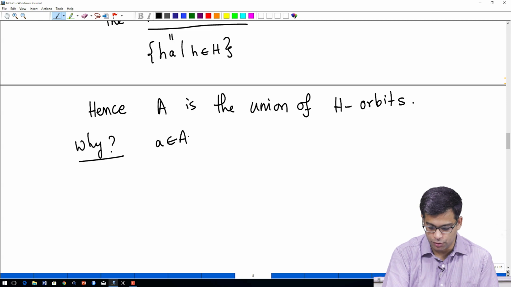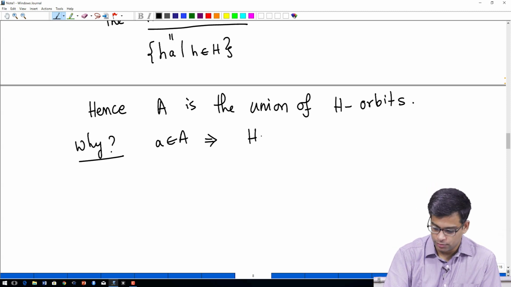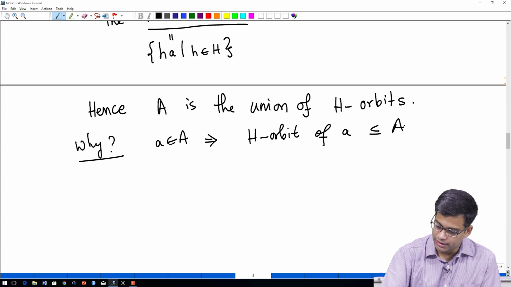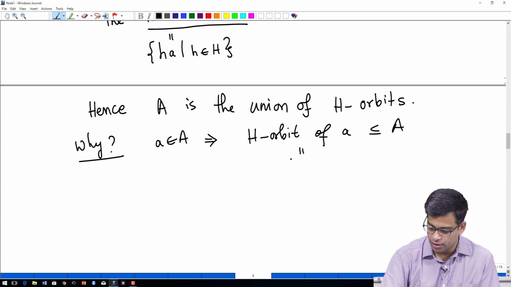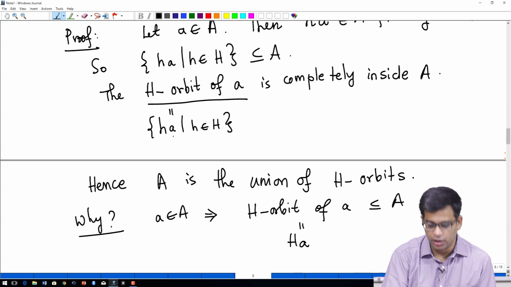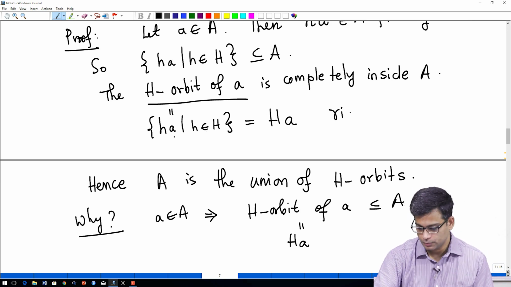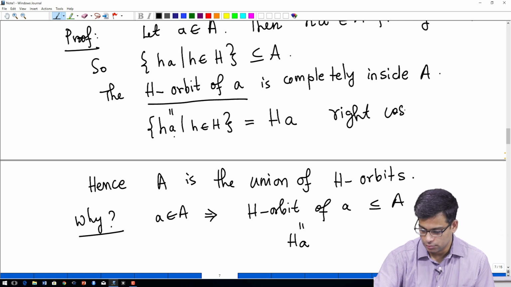Because if a belongs to A, then the H orbit of a is completely contained inside A. So what is the H orbit? I am going to write it as Ha because it is small h times small a as small h varies in capital H. This is simply the right coset of a.